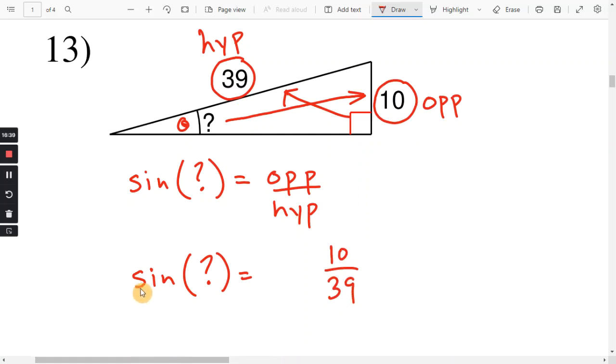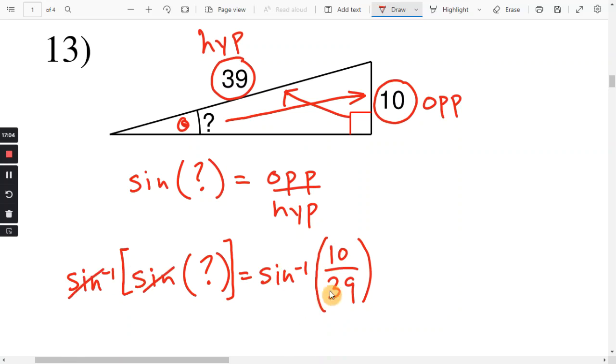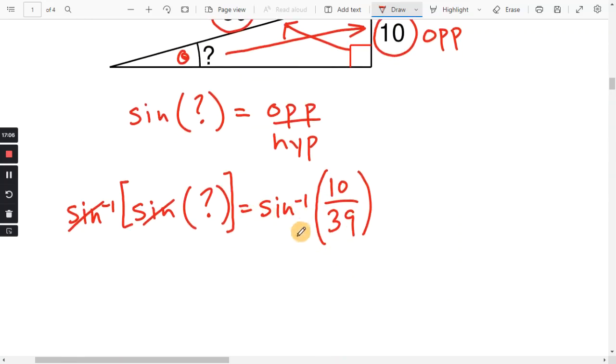Okay, and now in order to get rid of sine, we want to do the inverse sine on both sides of this equation. So inverse sine of 10 over 39. Okay, on the left-hand side, the sines cancel. And this we're going to do on the calculator and round to the nearest degree.